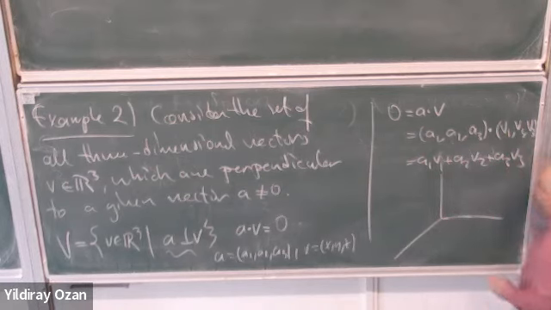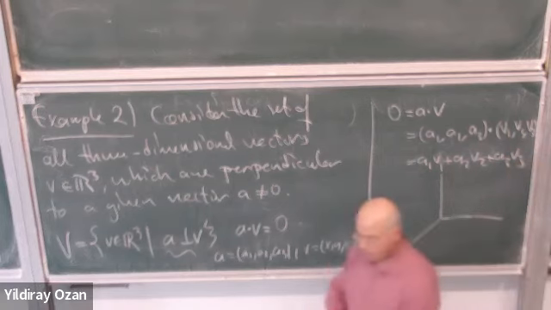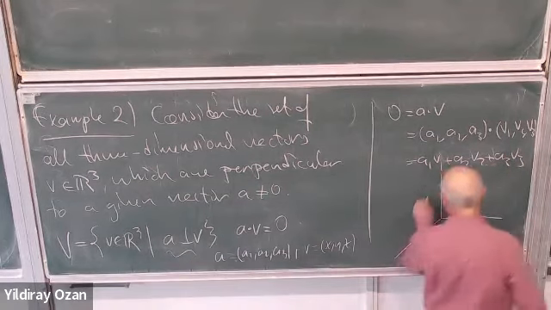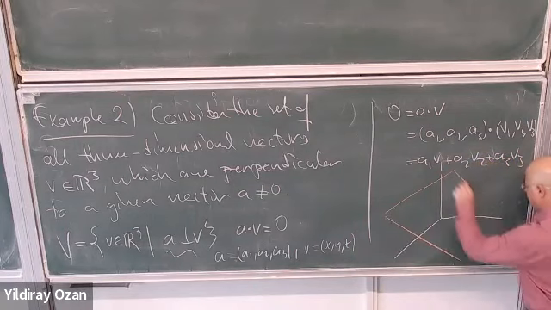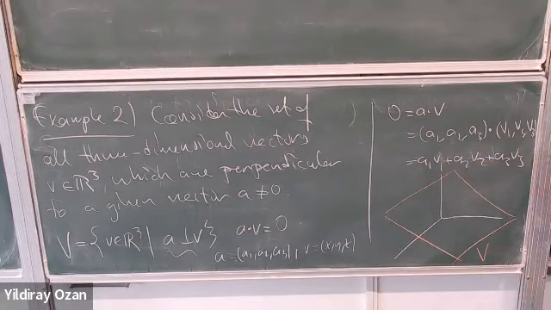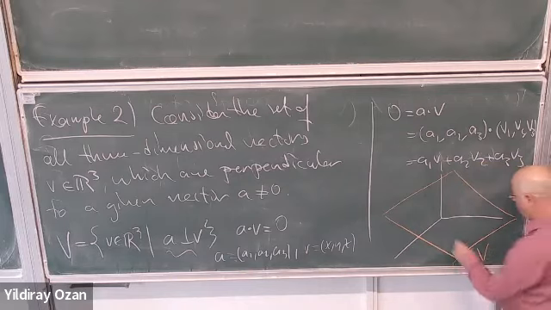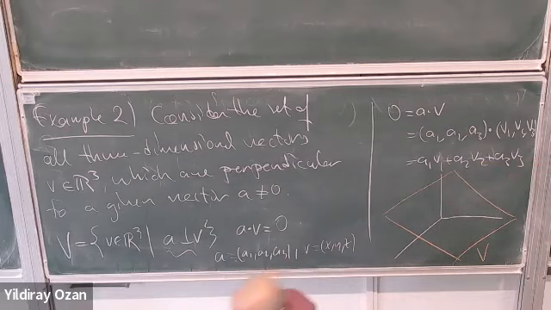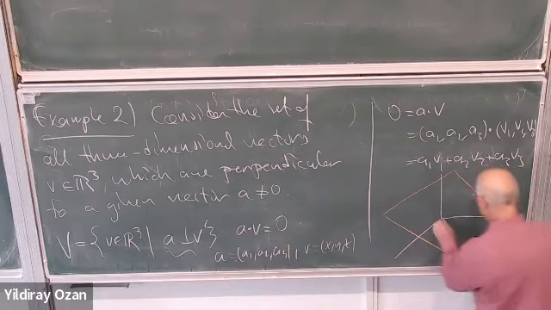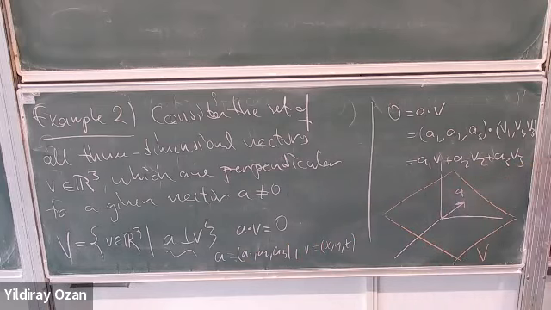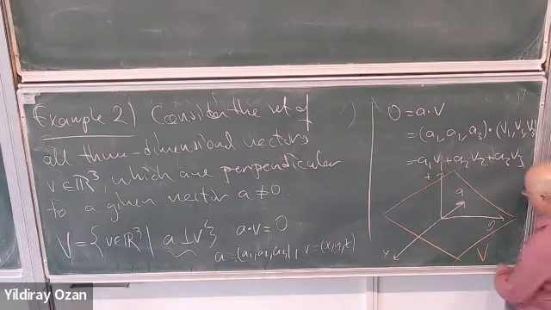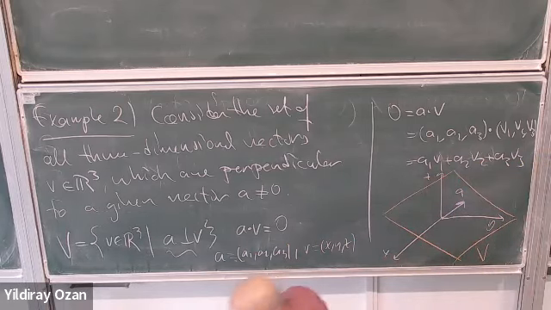Okay. Önce vektör uzayını çizeyim de ondan sonra çizelim. Let's say our object is something like this. The set of all vectors perpendicular to this gadget. Okay, let's say A. So A is a vector in R3, X, Y, Z, and it is perpendicular to the plane, this digit.